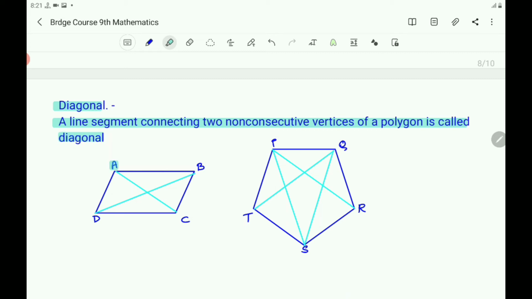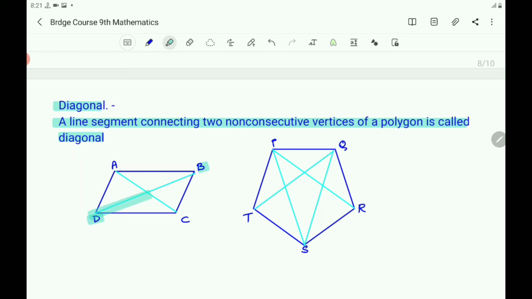Here you know that A, B, they are the consecutive vertices. But here A and C are non-consecutive vertices. If you join them, you will get a diagonal. Here this is a diagonal. Again here B and D are non-consecutive vertices.